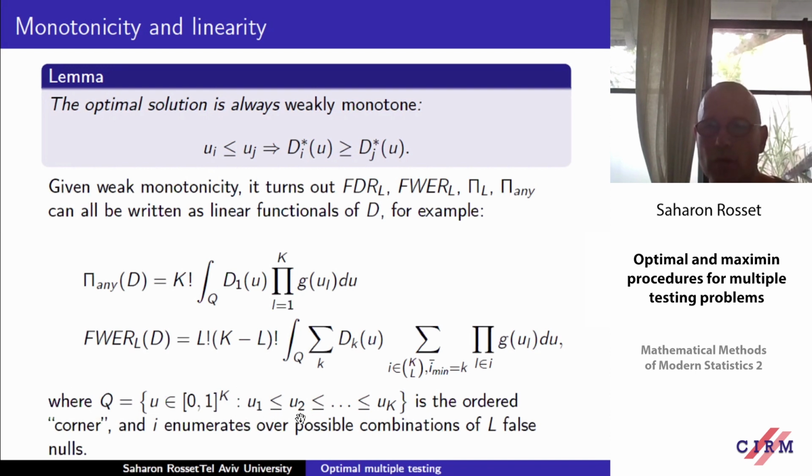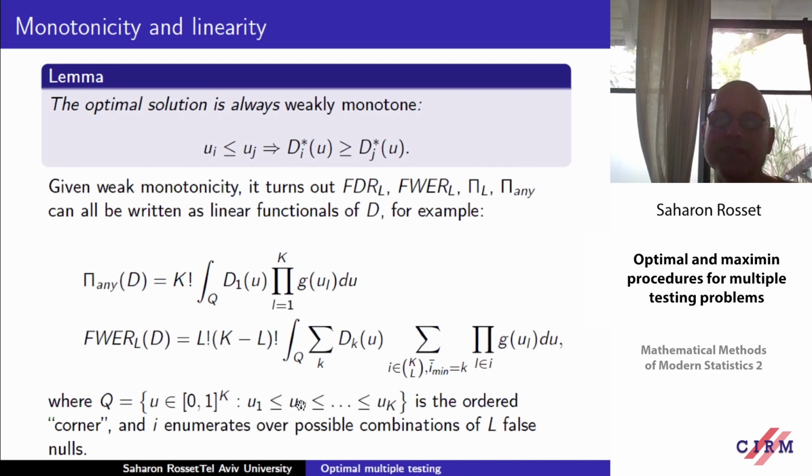So the first one is smaller than the second one, and so on. And basically solve our optimization problem only on this set, because by symmetry, once I know what the optimal solution looks like on this set, I can, by reflection, have the optimal solution on my entire hypercube.